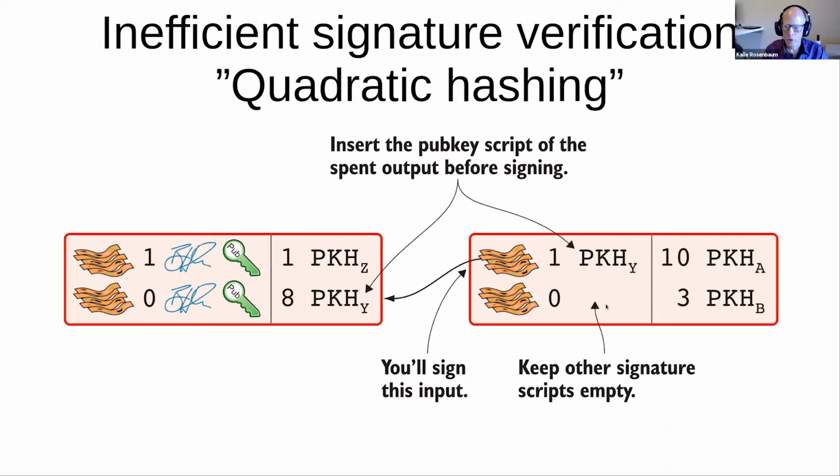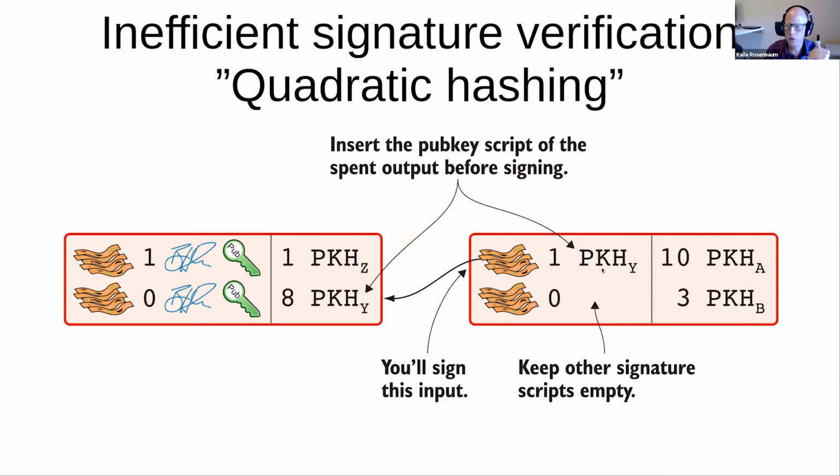So to avoid signature reuse, you need to make something unique in this message here. This is the message that you sign, right? You make something unique in this message for each input.